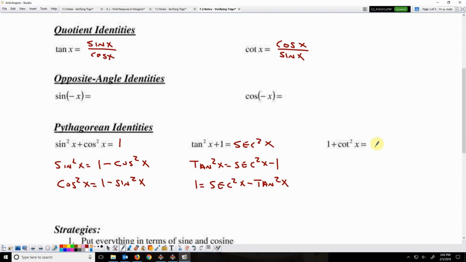And 1 plus cotangent squared x equals cosecant squared x, which means that 1 equals cosecant squared x minus cotangent squared x, and cotangent squared x equals cosecant squared x minus 1.